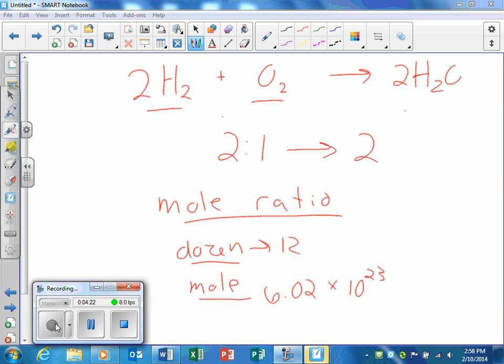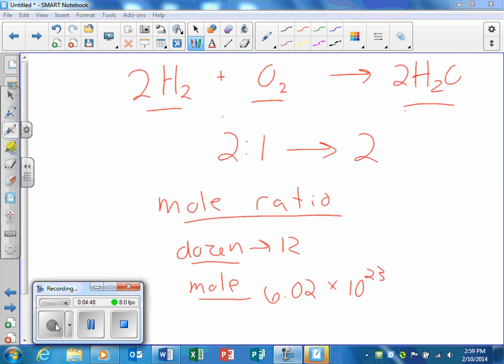This stuff is so small, there's never a way you could pick 1, 2, 1,000, 10,000. So we're talking about a mole as the standard measure of units. Just like a dozen is 12 pieces, a mole has 6.02 times 10 to the 23rd. We use that because these chemicals are so small, so we need a big number to work with.